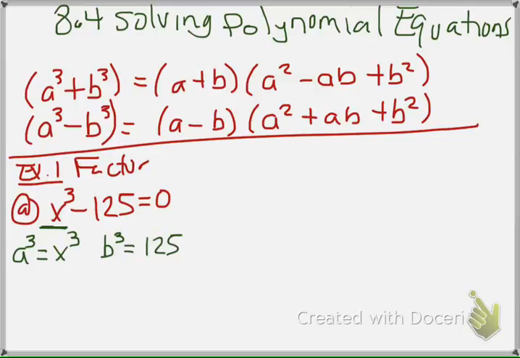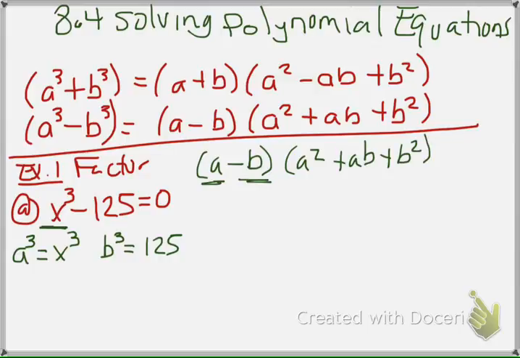In order to use this formula up on the top, I need to know my A minus B, A squared plus AB plus B squared, right? So I need to know who A and B are. How can I find A when A cubed is X cubed? What do you think your A is? Somebody over here said it.